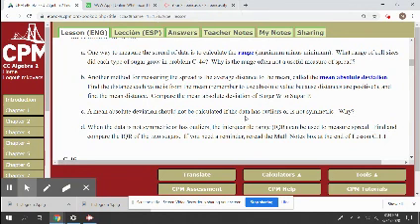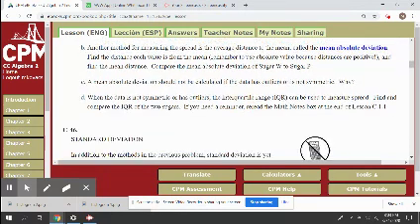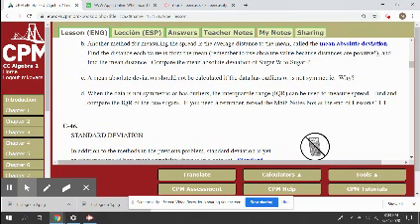Moving on. In the case that mean absolute deviation is not as good, we can also use IQR. So remember that the IQR is equal to Q3 minus Q1 in both cases. So you can calculate those.